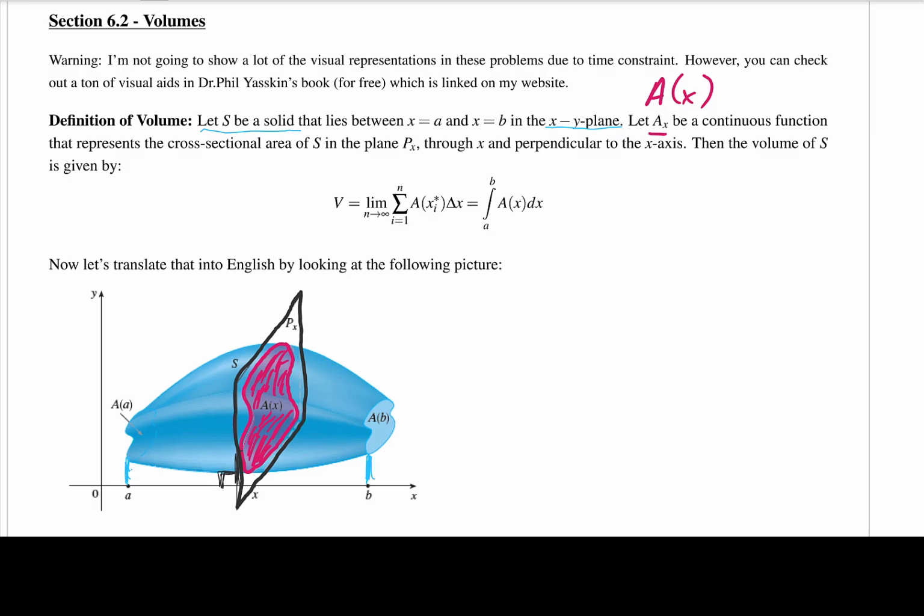All right, and then the volume of S is going to be given by this infinite sum, which is equal to an integral. So let's look at why we're calculating this infinite sum. What we're going to do is take infinitely many of these red areas.